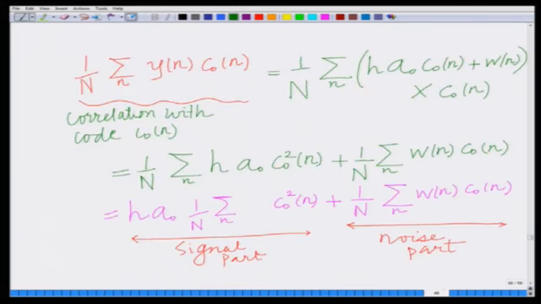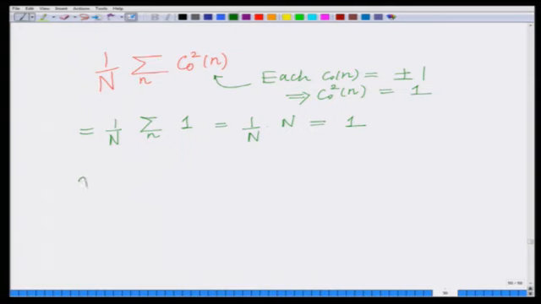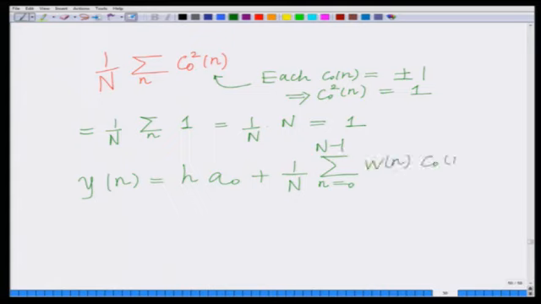And therefore, now we substitute this expression in this sum, 1 over N summation over n of c0 square n, I get y is equal to h times a0 plus 1 over N summation n equal to 0 to N minus 1 of w[n] c0[n], and this is basically the signal part.